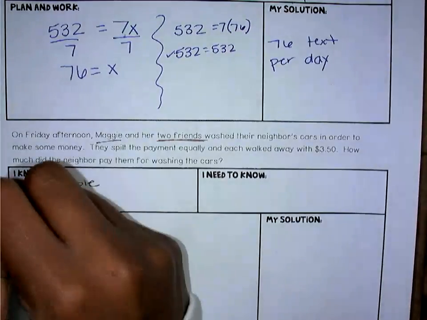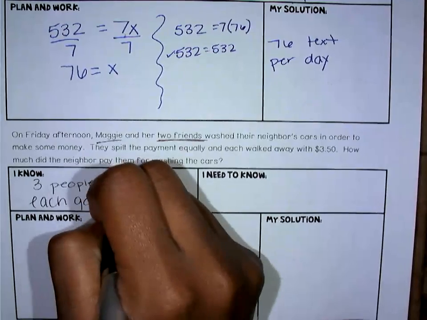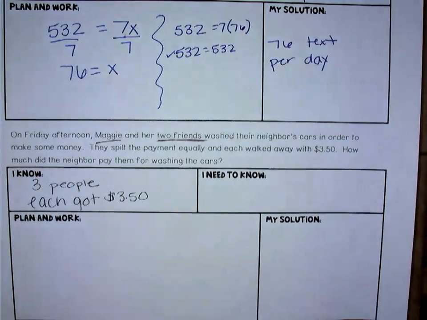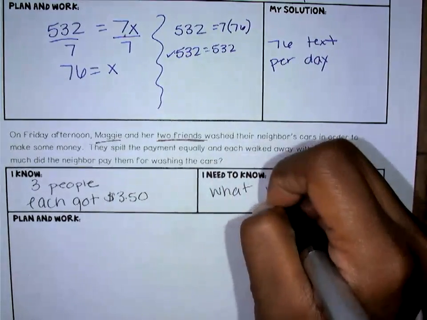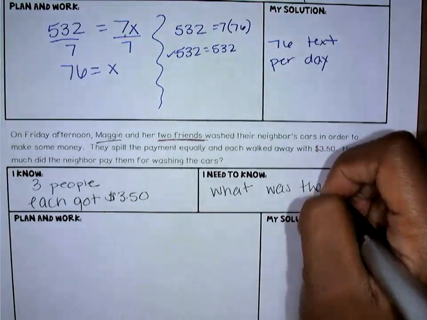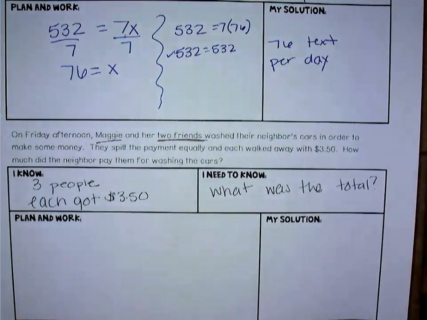Also, they each got $3.50. What you need to know is, what was the total? How much did they get paid?